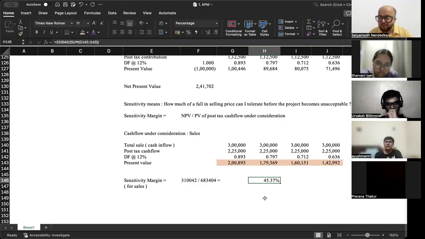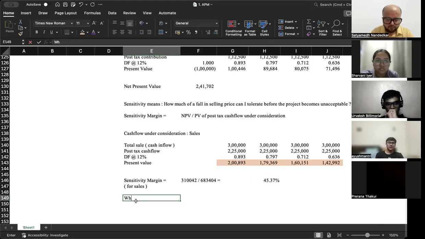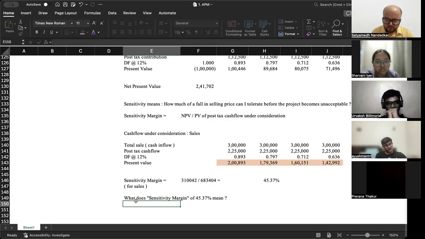I have gotten 45.37 as my sensitivity margin, which means what? What does a sensitivity margin of 45.37% mean?